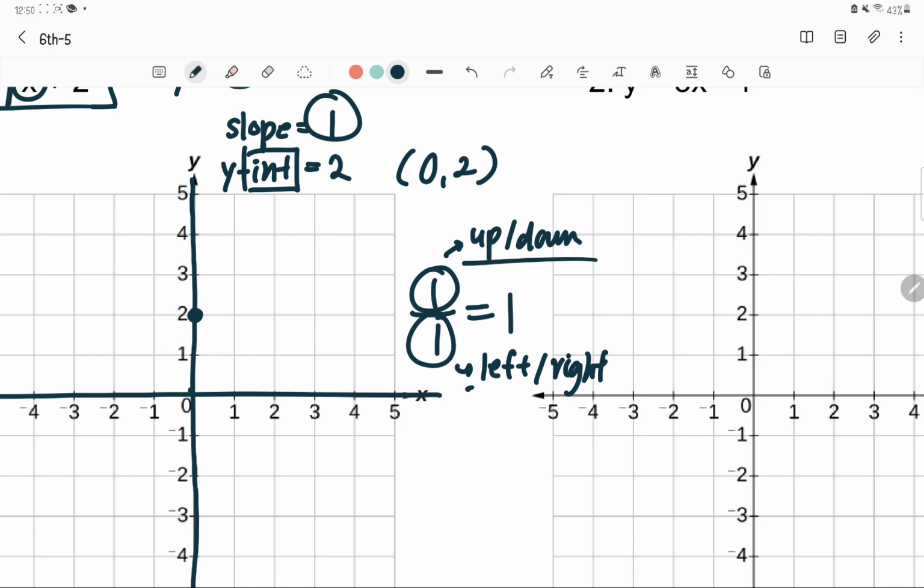Since it's 1 over 1 and they're both positive, you go up and right. So up and right, plot points, up and right, plot points, up and right, plot points. You just go up and right by 1 because it's 1 over 1. And you can do that on the other side too.